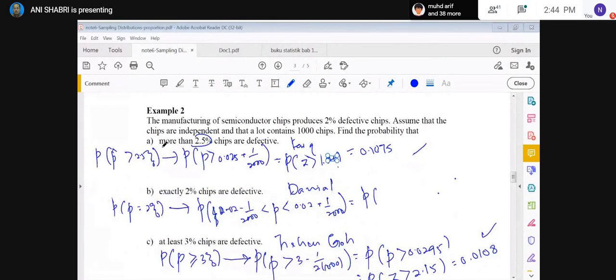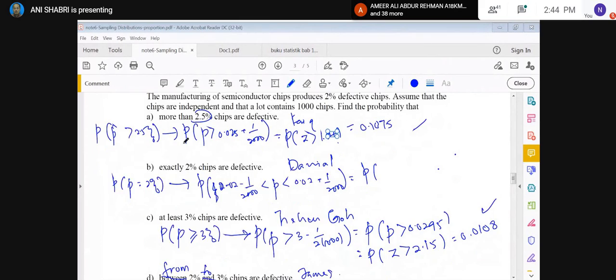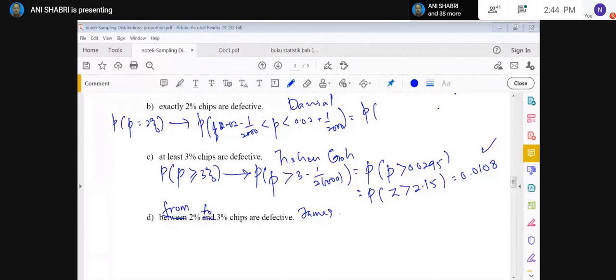Kalau ni the number more than 1000 chip, baru kita gunakan binomial. Binomial tu bilangan, yang ni ada percentage. Percentage adalah proportion.